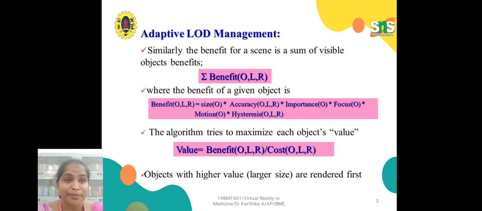The benefit of a given object is benefit(O,L,R), which is equal to size of O multiplied by accuracy of (O,L,R) multiplied by importance of O multiplied by focus of O multiplied by motion of O, and also multiplied by the hysteresis of (O,L,R). The algorithm tries to maximize each object's value, where value is equal to benefit(O,L,R) divided by cost(O,L,R). Objects with a higher value, such as large size, are rendered first.